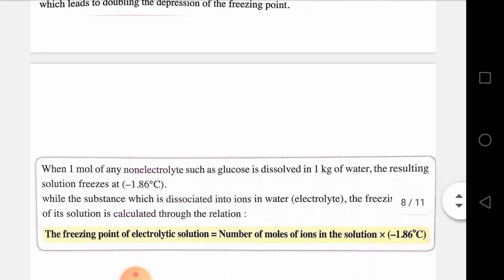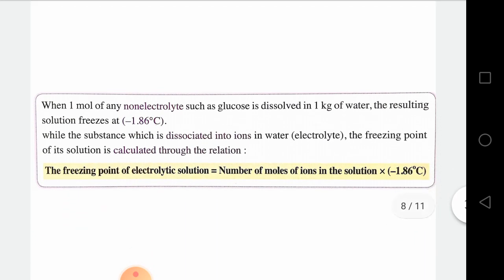Here is a relationship to calculate the freezing point of an electrolytic solution. Again, remember that an electrolytic solution means that the particles or molecules of this electrolyte are ionized or dissociate into ions when dissolved in water.